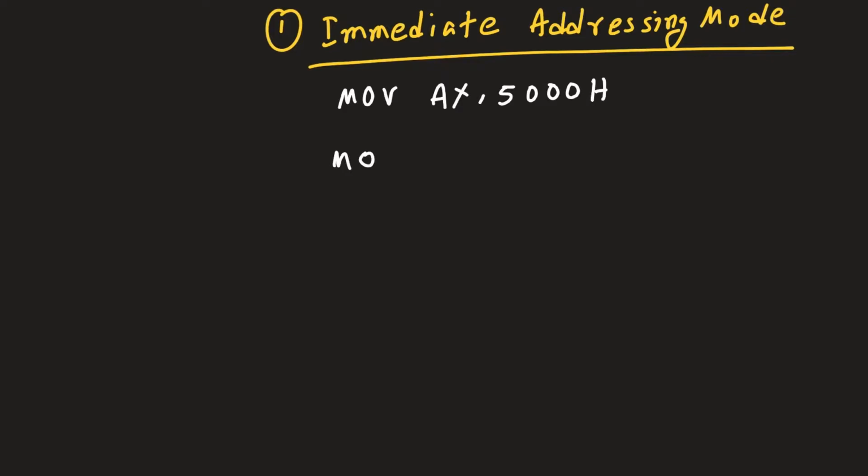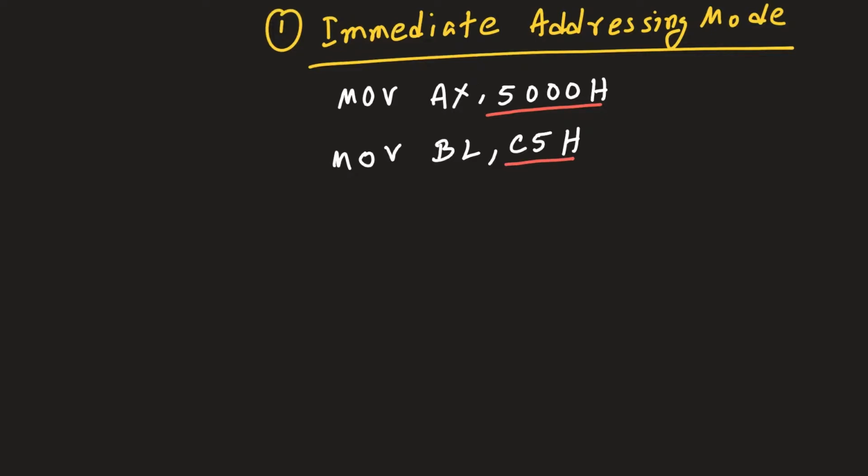Another example of immediate addressing mode is MOV BL, C5H. In both the cases, the data are mentioned within the instruction itself.